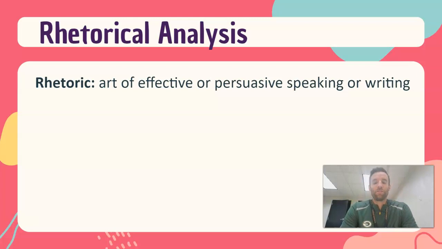And so rhetoric is doing that effectively. So someone giving a speech that convinces some people of something in their message. Or persuasive writing, an article that gets people to believe a certain way or changes people's minds or makes them think about something they haven't thought about before. So that's rhetoric.